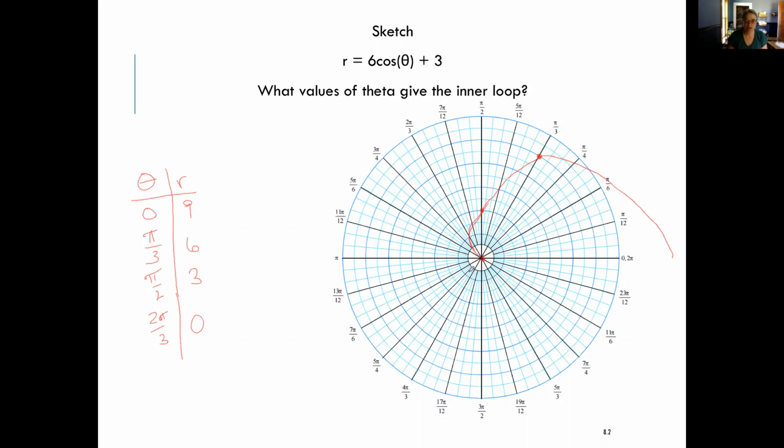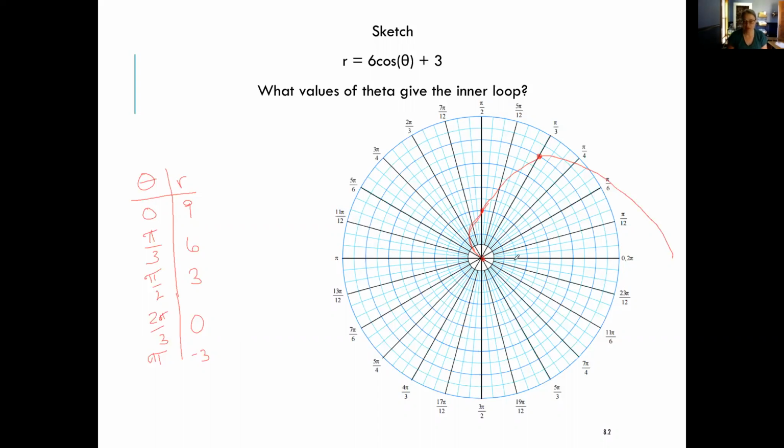Okay. So I have 2 pi over 3. I'm being a little picky because I want angles with nice cosines. So let's try pi. At pi, my radius is negative 3. Okay, so this is a little weird. Normally we go this way to make radius, but when it's negative, instead of coming out towards our angle, we go the other way.